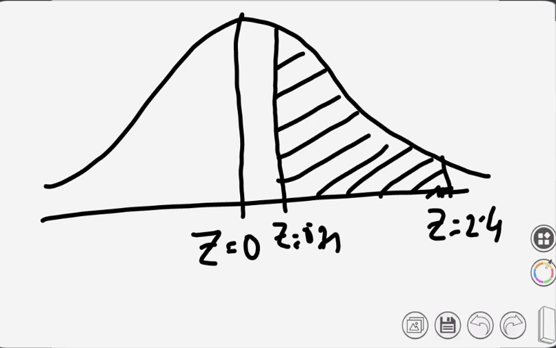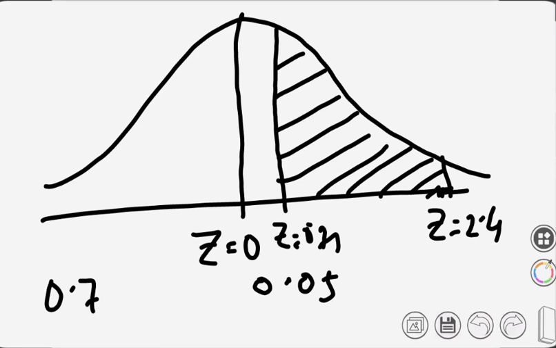Now can you think how to find the probability for Z equals 0.75? In the table, the row values are given as 0.0, 0.1, 0.2, 0.3, and the column values are given as 0.00, 0.01, 0.02. To find 0.75, look at the row 0.7 and the column 0.05.